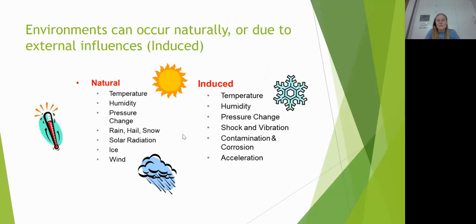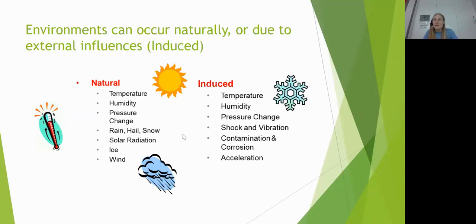Environmental conditions have an effect on products. This can occur naturally or due to external factors, and this is what we call induced. So we can have temperature naturally and induced. The temperature on a normal day, 20 degrees if you're lucky, but temperature can also be induced.